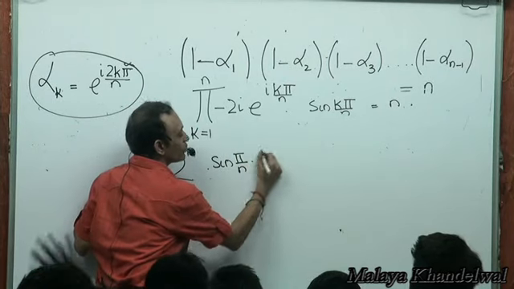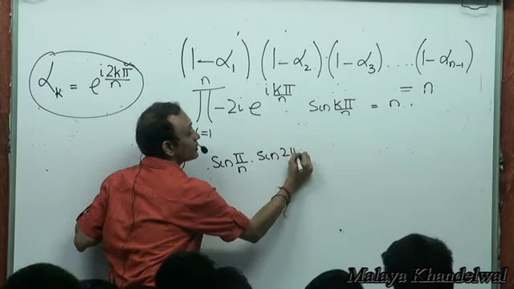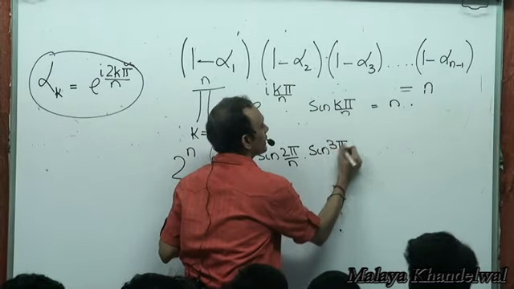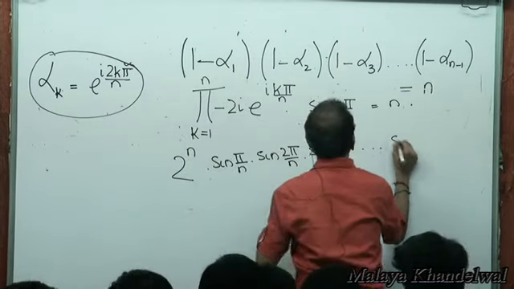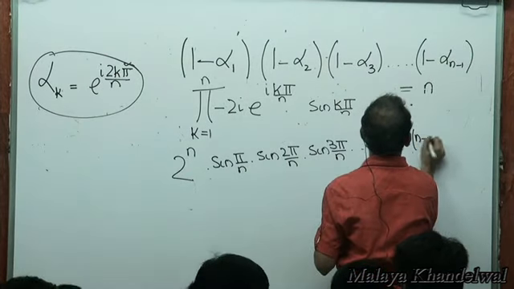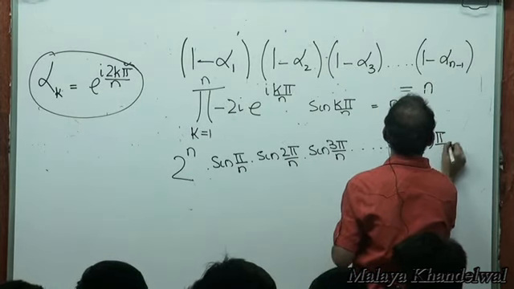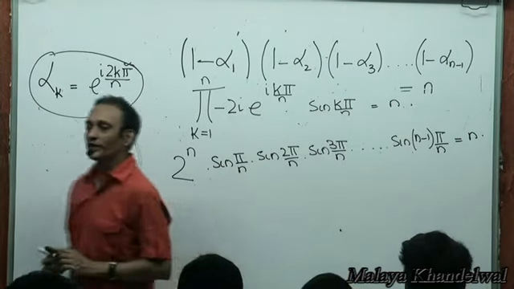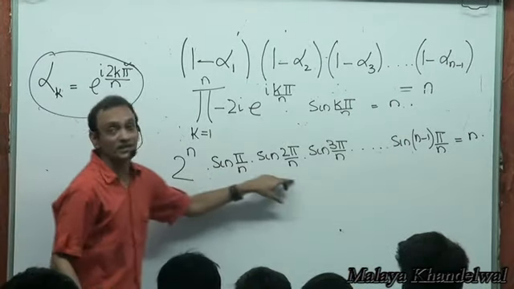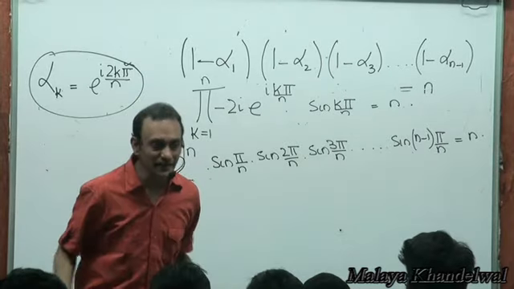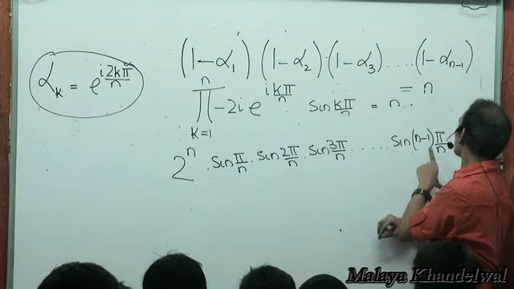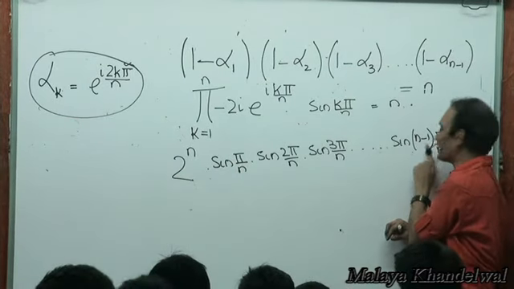For k equal to 2, sin 2 pi by n. K equal to 3, sin 3 pi by n. K equal to n minus 1, sin (n minus 1) pi by n, equal to n. Yes or no? This is what you get. And the modulus of these sines is the sine itself, because all these angles are less than pi. The highest angle itself is less than pi, see?